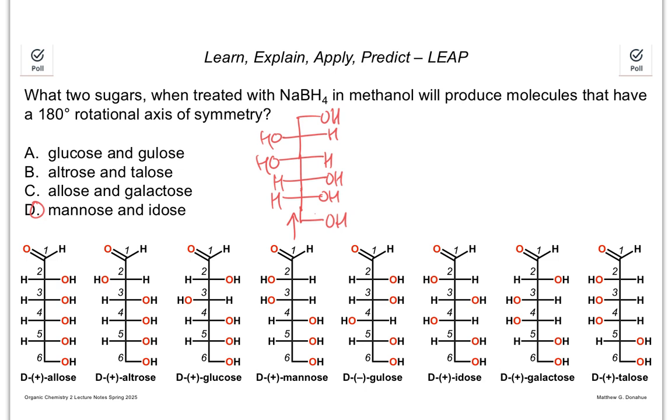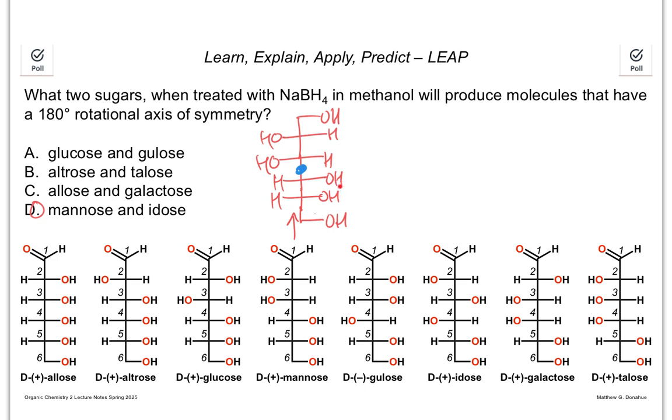And so I'm going to draw a blue dot, right there between carbons 3 and 4. Imagine you put an axis where that blue dot is and you rotate it 180 degrees.